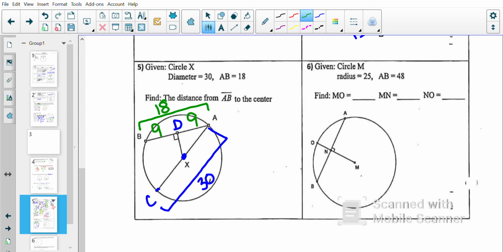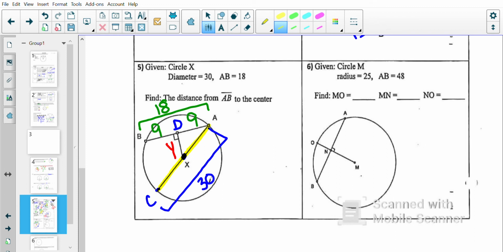And now we want to find the distance from the center to A and B, from AB to the center. So I can't use X because I have a point X here, but let's call this Y. That's what we want to find. Now, what I hope that you realize is that C to A, that's a diameter, obviously it's going through the center of the circle.